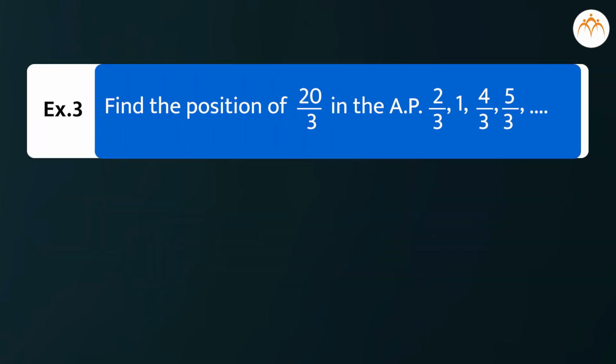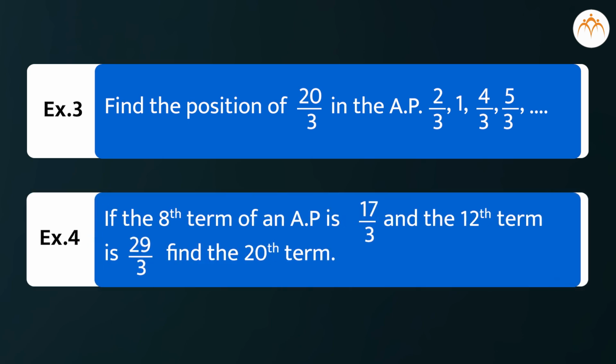Find the position of 20 upon 3 in the arithmetic progression 2 upon 3, 1, 4 upon 3, 5 upon 3. If the 8th term of an arithmetic progression is 17 upon 3 and the 12th term is 29 upon 3, find the 20th term.